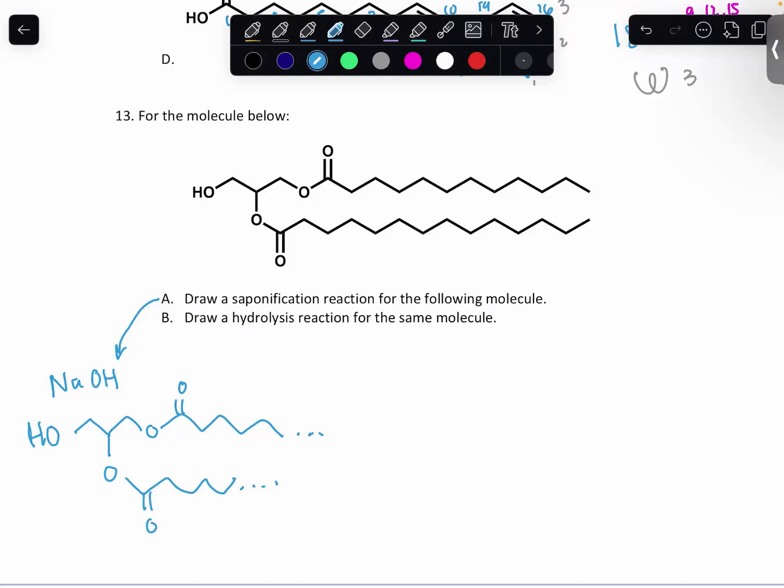Are we going to form bonds? Are we going to break bonds? What bonds are we going to break? On what side of the carbonyl do we break it?